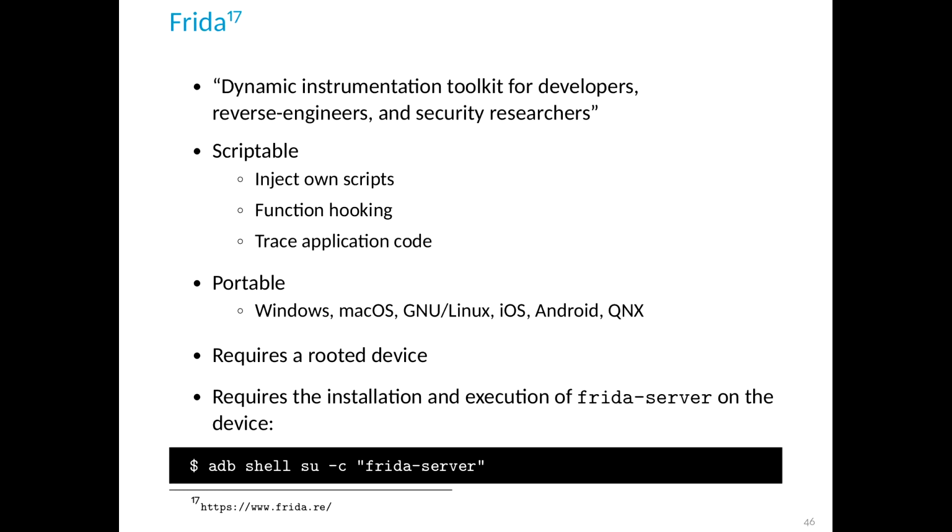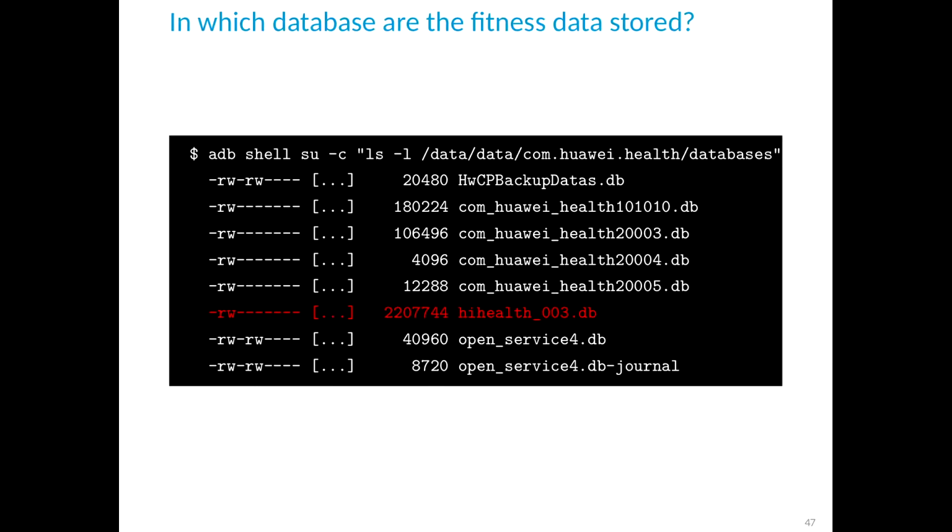So I used Frida a lot during my reverse engineering process, and I want to show you one use case. I told you that the personal data are stored in an encrypted database on the smartphone. And in the data of the app, there are different databases.